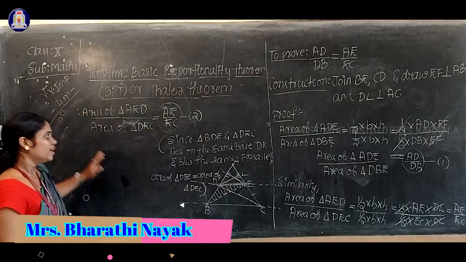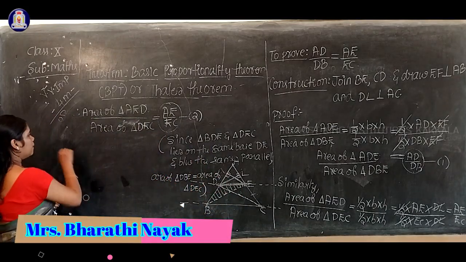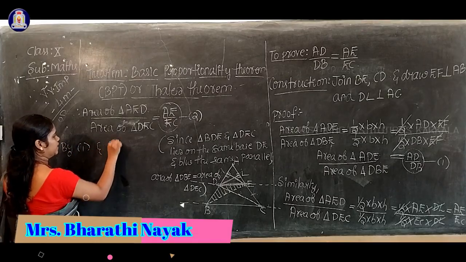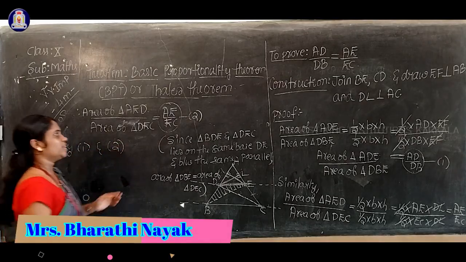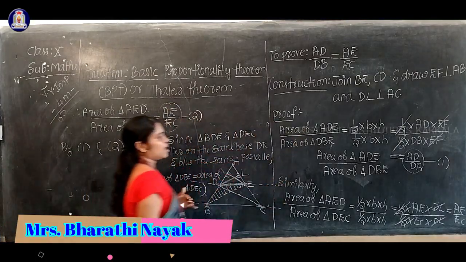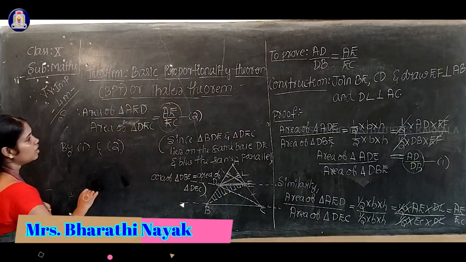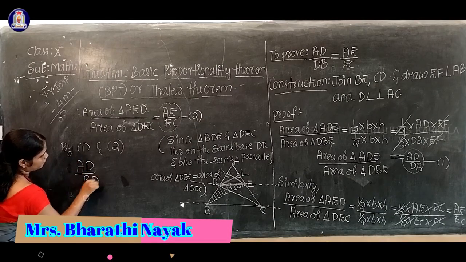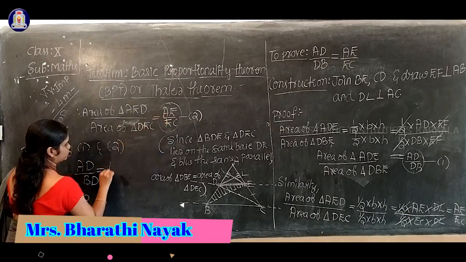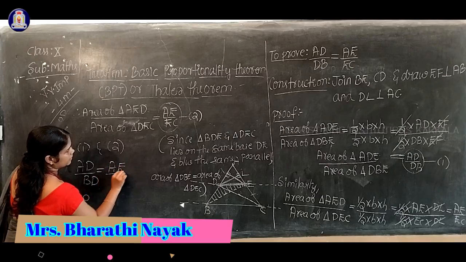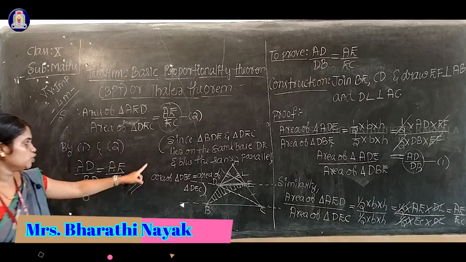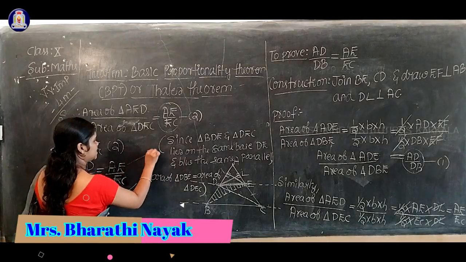Therefore, can I write here directly, by equation number 1 and equation number 2, that its right sides are equal? What is the right side here? AD by DB equal to AE by EC. This is what we have to prove. You just remember, this is the reason for this.